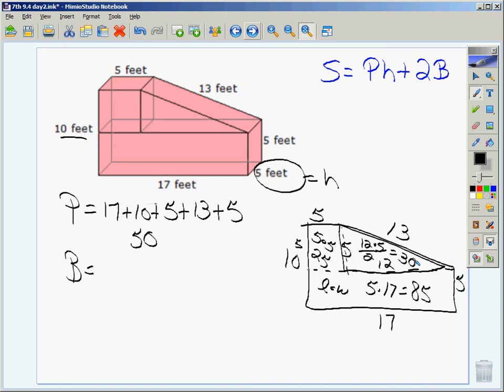What am I going to do with those pieces to find my area of my base? Add them together. 25 plus 30 plus 85. 140. Do I have everything I need to calculate my surface area? 25 from the square, 30 from the triangle, and 85 from the rectangle that was on the bottom.